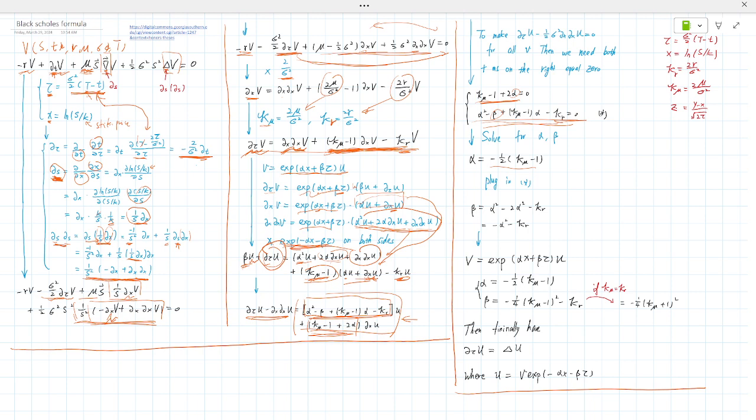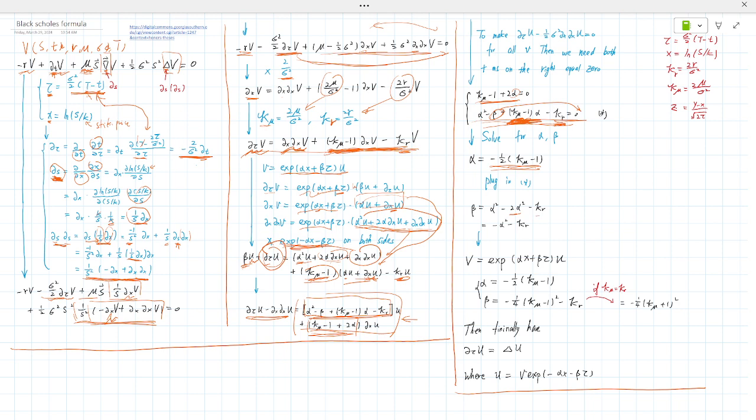Because this is negative 2 alpha, we have it here. Just put the beta on the other side. So it's alpha minus 2 alpha minus kappa r.